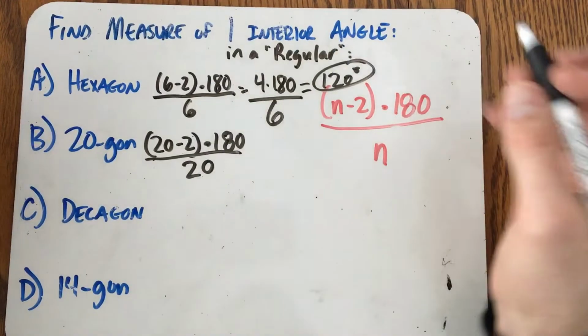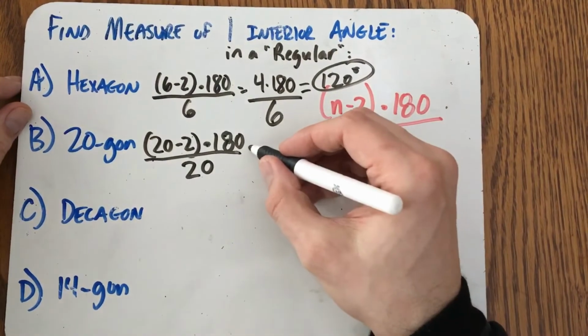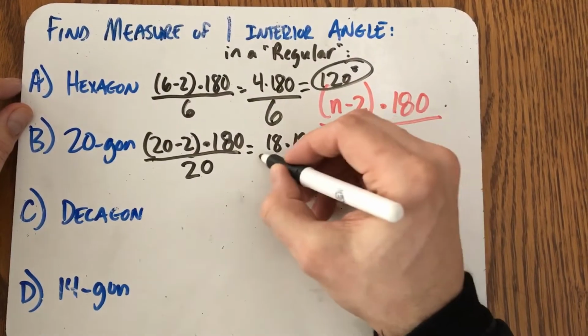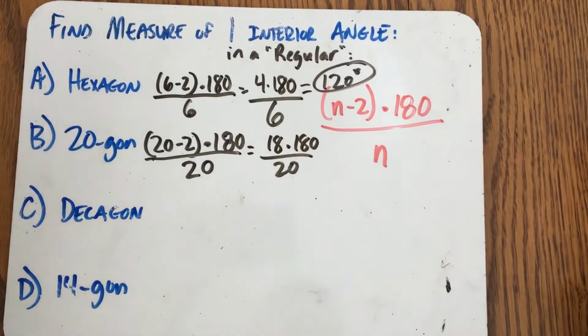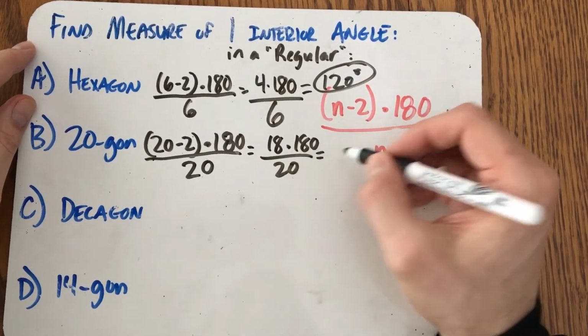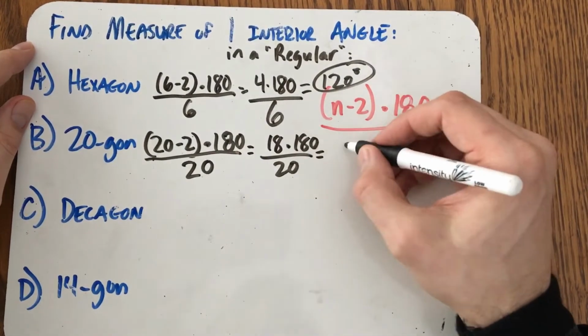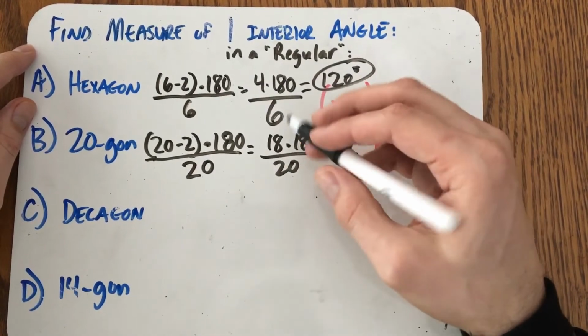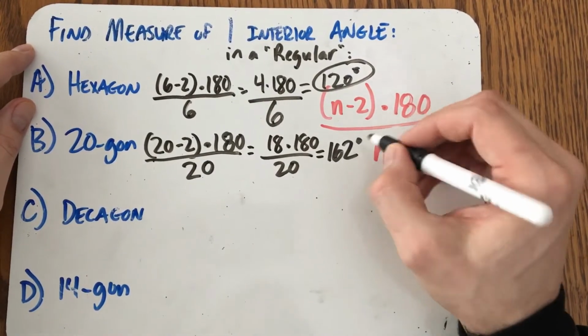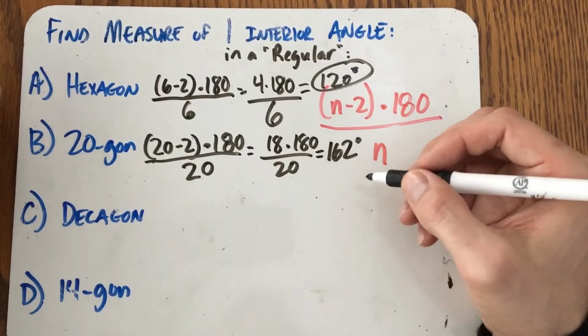That one would be 18 times 180 divided by 20. I might actually be able to do that one in my head, but it's 9, so I think it's 162 maybe. I could be wrong on that.